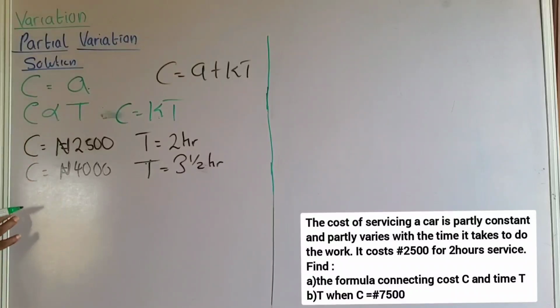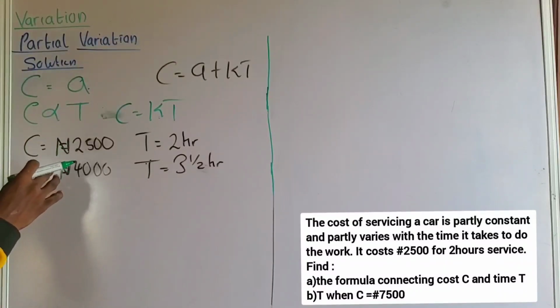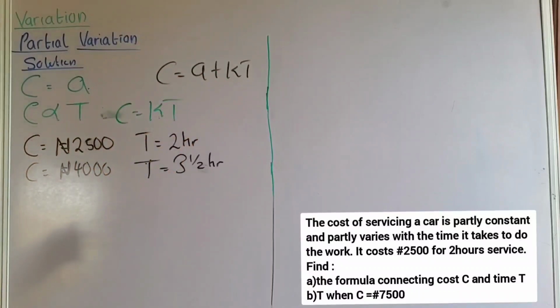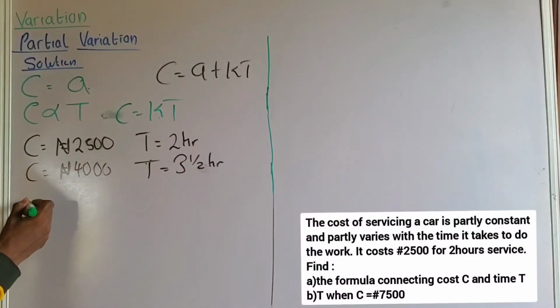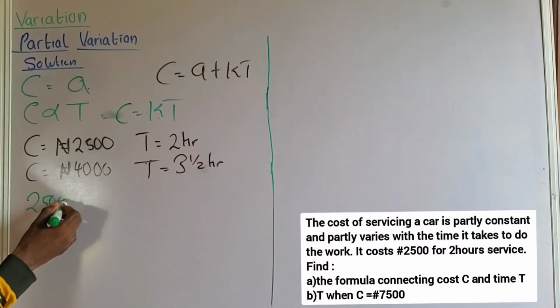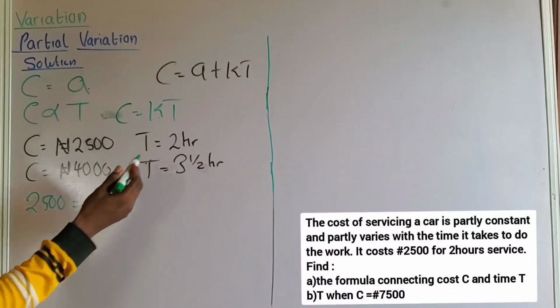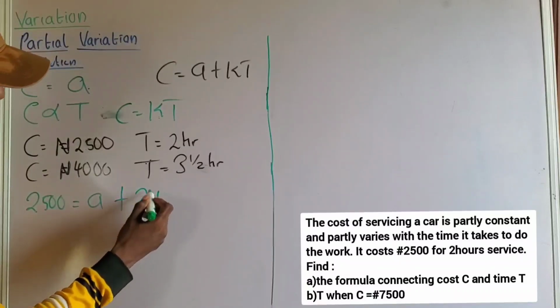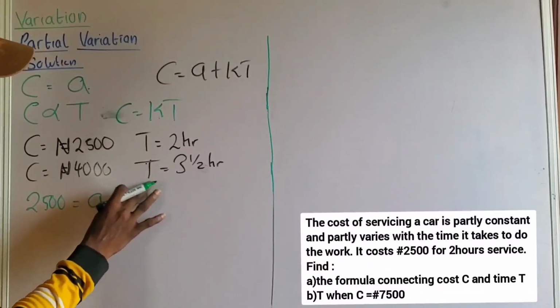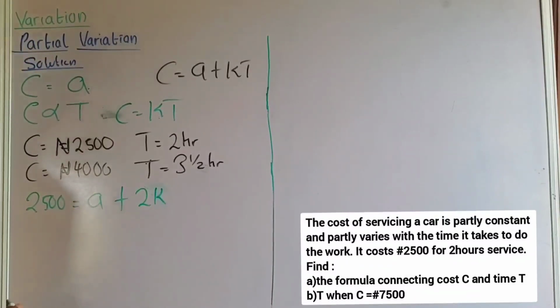Now, with respect to the information that we've been given, we can easily find the value of A and K. So when C is 2,500 naira, I'm going to have 2,500 equals A plus, we are given the time as 2 hours, so 2K. K is the proportionality constant, okay?